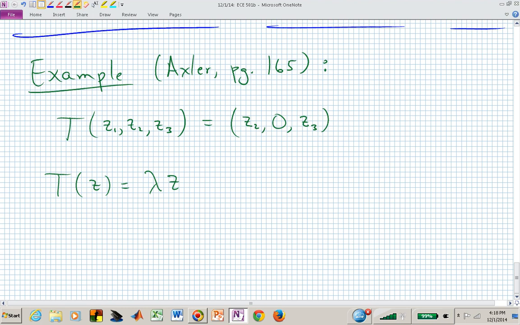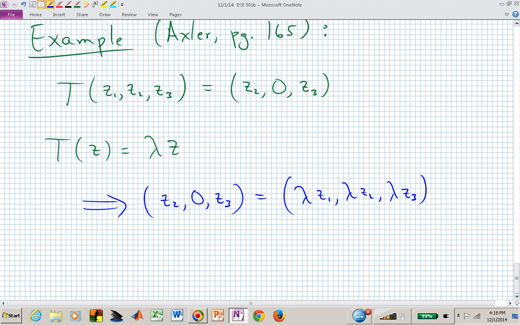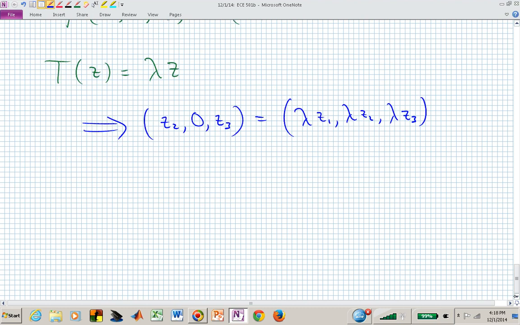If we apply that here, we have z sub 2, 0, z sub 3. That's T of z, and that's supposed to equal lambda times z1, lambda times z sub 2, and lambda times z sub 3. It needs to be some scalar multiple of the original vector z. That's the eigenvalue-eigenvector equation. This leads to three equations.